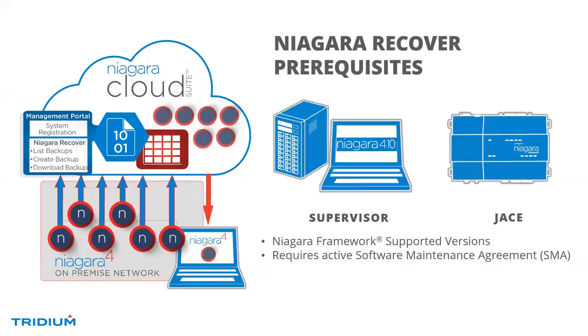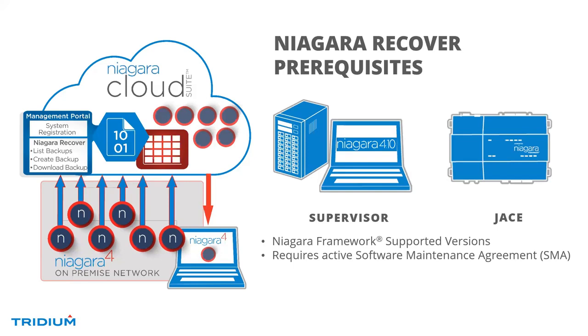So again, remember some of the prerequisites: as always, we want to make sure that you're on one of the supported versions of Niagara. That would be either the long-term 4.10, the latest version of 4.10, or the 4.13, with 4.14 coming up later. So whatever the latest Niagara framework supported versions are, that's what you would need to be on to get any new updates.